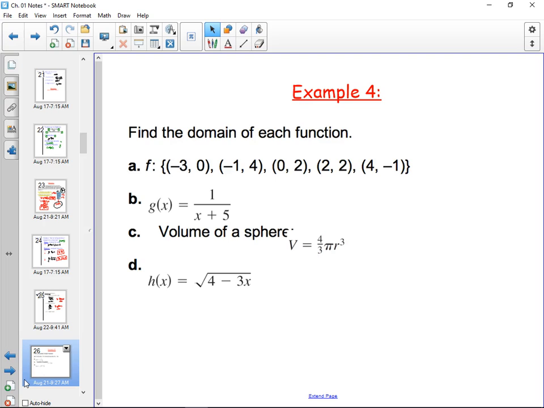First one I got -2, -1. I'm reading that g of x cannot equal -5. Whoa, whoa. It's not also numbers, it's just the x values.